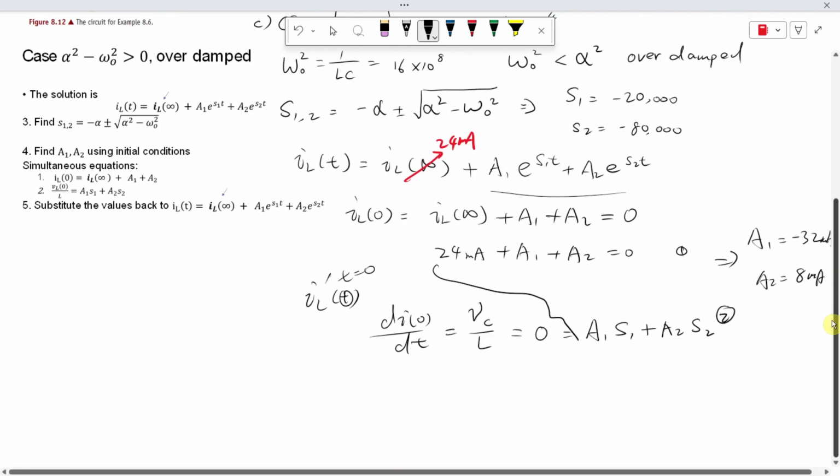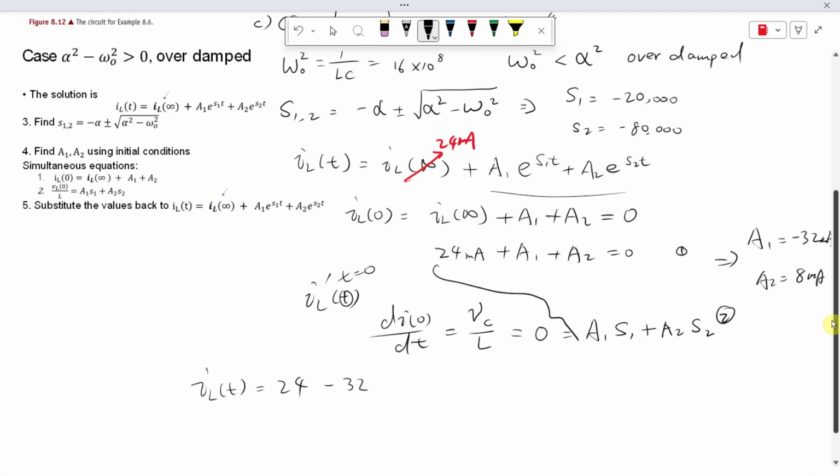So the final result: iL(t) equals 24 minus 32 e to the order of negative 20,000 t plus 8 e to the order of negative 80,000 t, with milliamp here. Okay, all good.